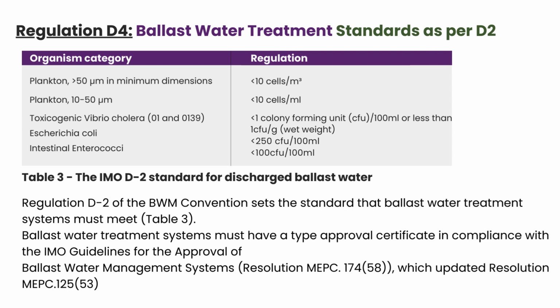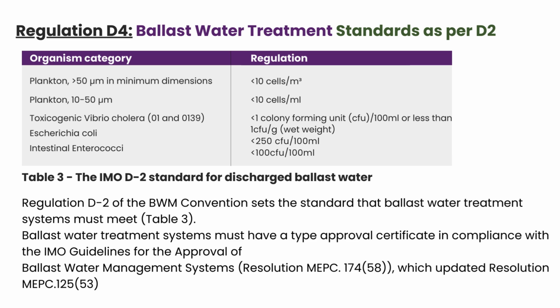The next one is Escherichia coli and intestinal enterococci. The pronunciation is a little different for a layman, especially one who is not into medicine. They have given the regulation for how much is accepted, and regulation D2 gives a standard which I have forwarded to you.